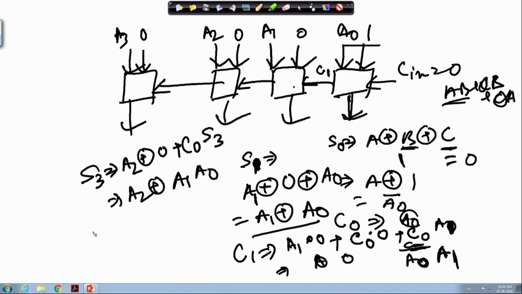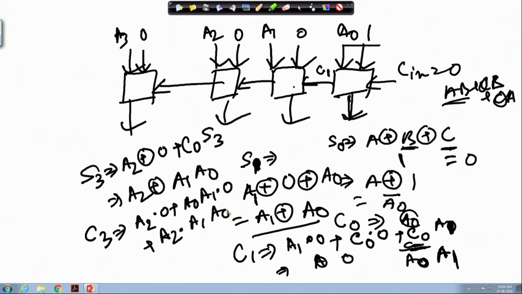Okay. Now, what will be the C3 value? C3 is again A2 into 0 plus A0 A1 into 0 plus A2 into C, that is A1 and A0.